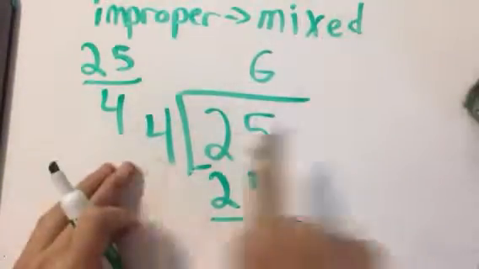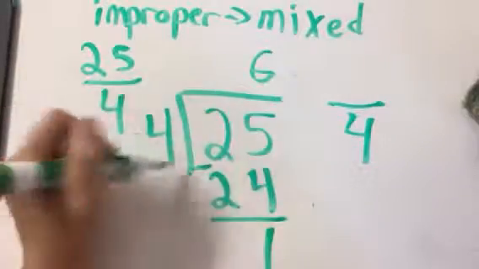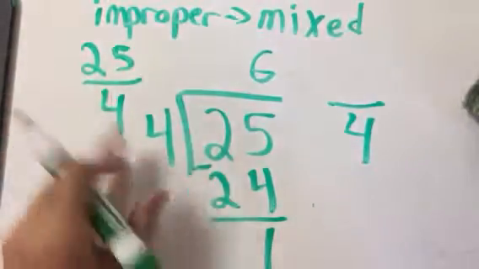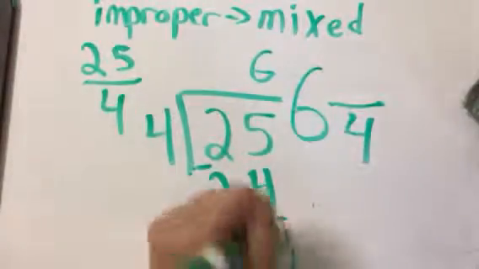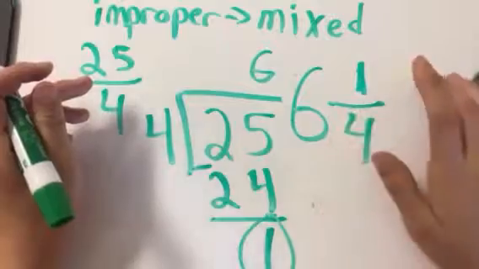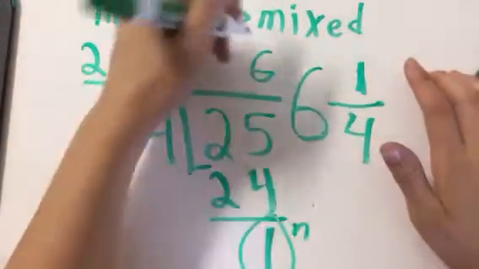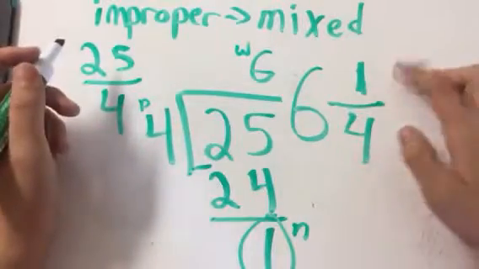My denominator stays the same. And then how many times does 4 completely go into 25? 6 times. And then my leftover, my remainder, will have to go as my numerator. And that's how I got 6 1/4.